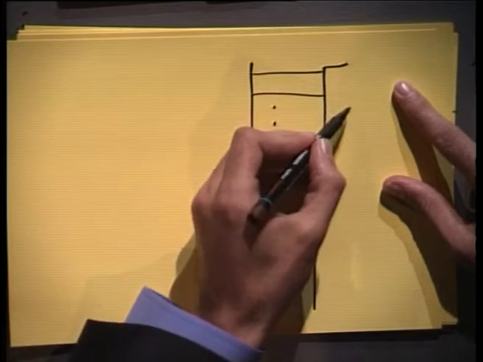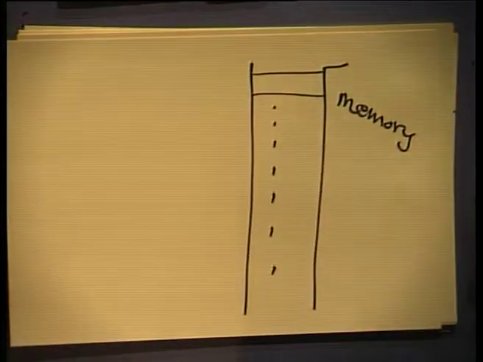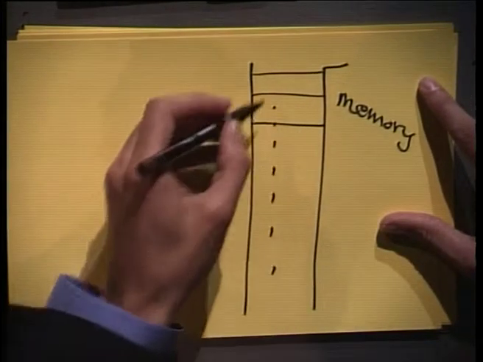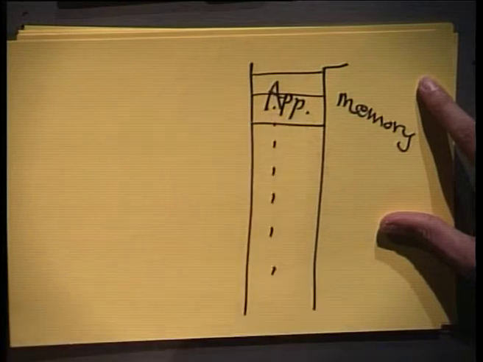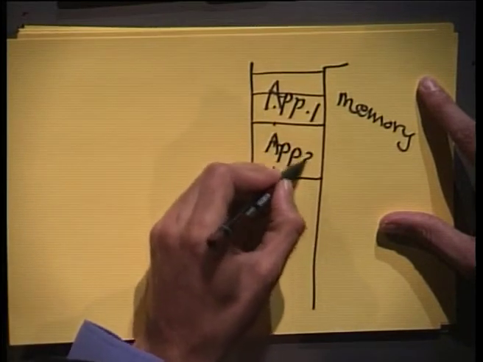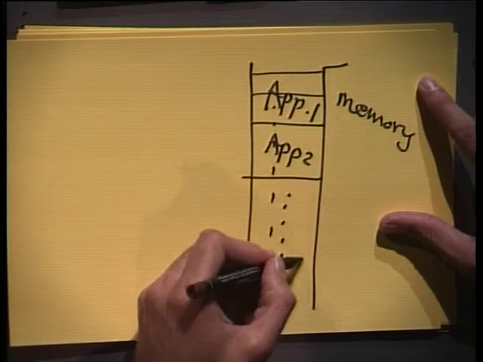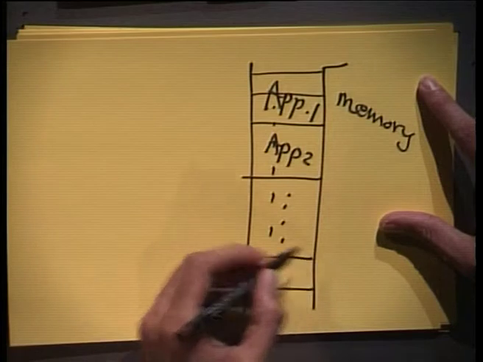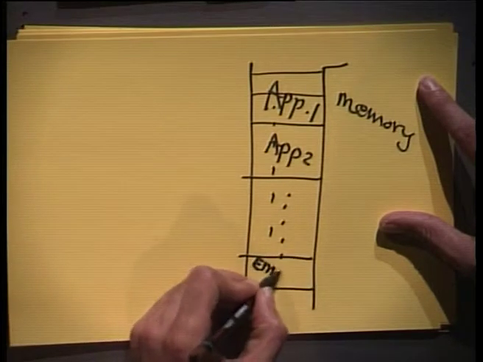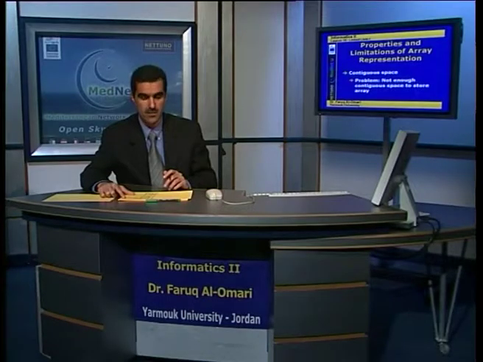Here's a memory map. This is the system memory, okay? And the system memory is shared between so many applications. So maybe application 1 is using this space, and application 2 is using this space, and so forth. And here and there, I could have some empty locations which are not assigned to anybody. So this is empty, and it's available for use by any other application.